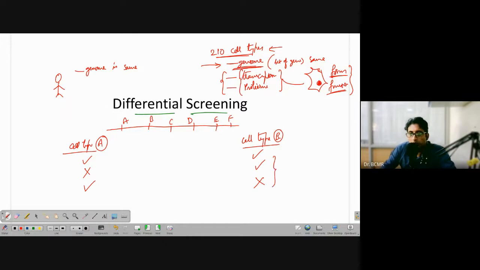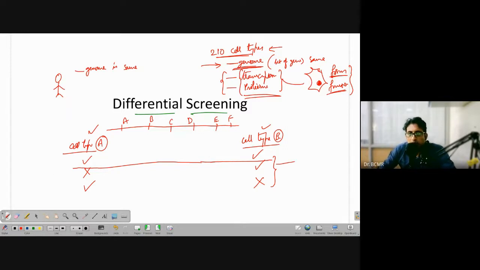If we know the differences in the transcriptome and the proteome, I mean, if we know that these cells are different, it must be because of their proteomic and transcriptomic differences. And if I find out what these genes are, then I can have a good idea about how the genes are related to the function of the cell.